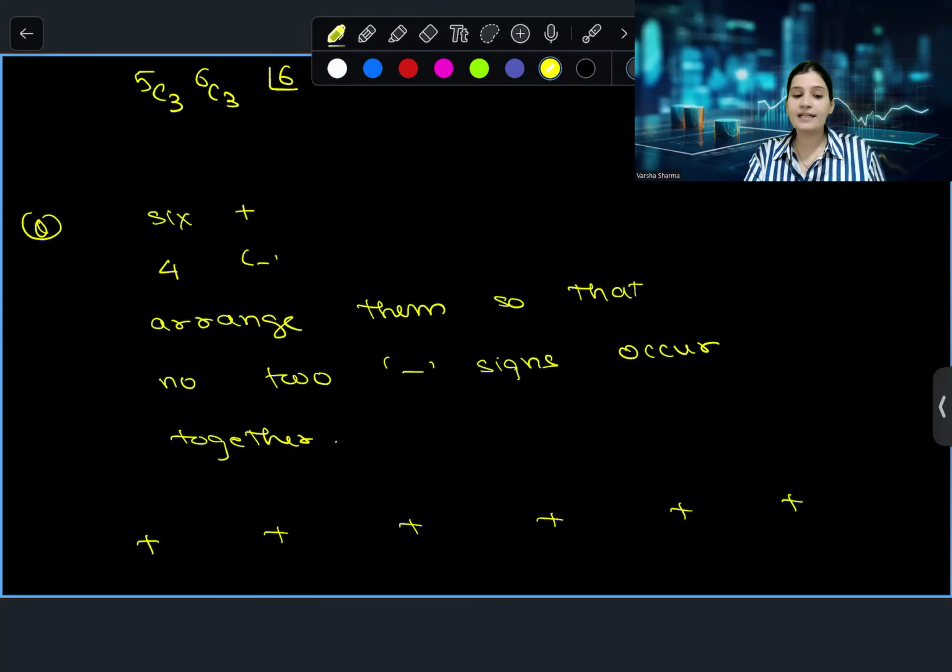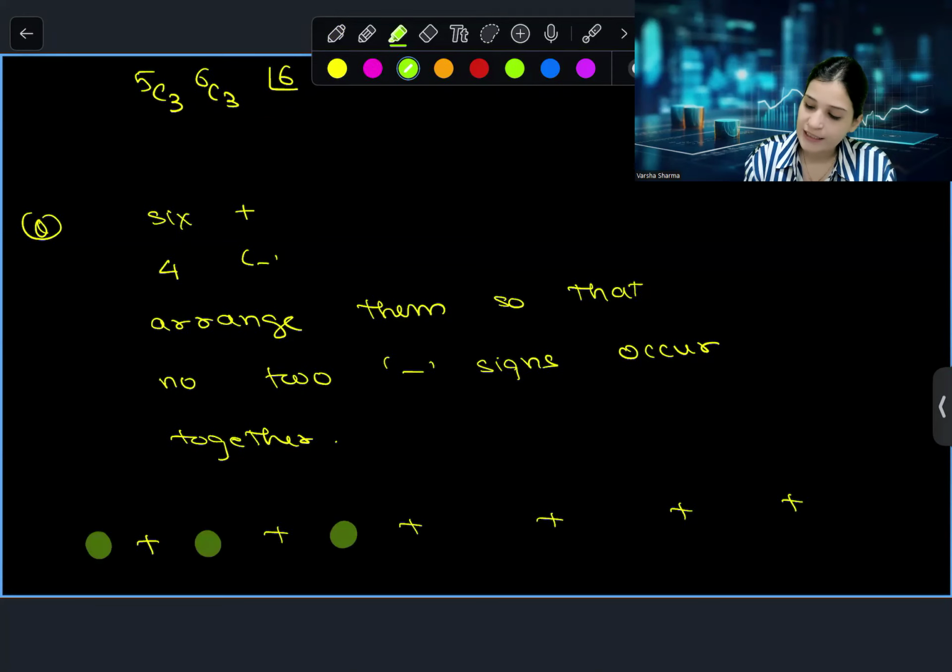Now, if you want the minus signs to not be together, the minus signs should be in these gaps. How many gaps are there? There are 7 gaps. Out of those 7 gaps, I need only 4 of them. Do I need to select, or do I also need to arrange?